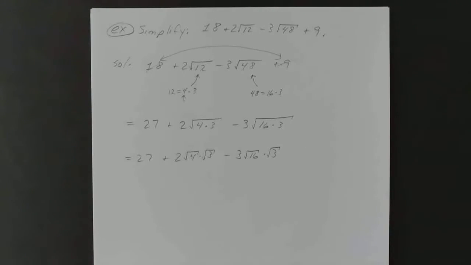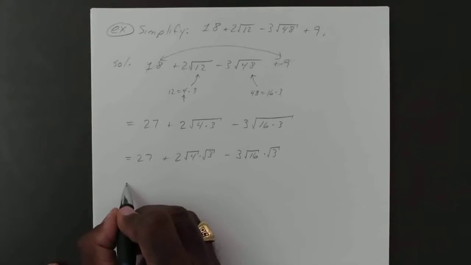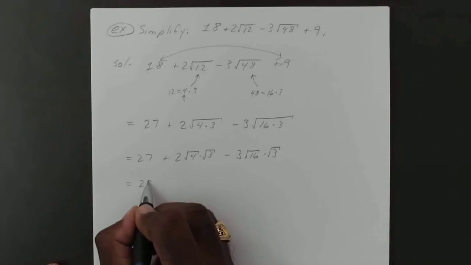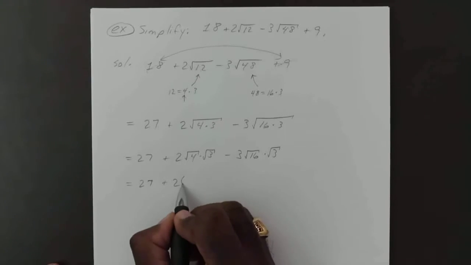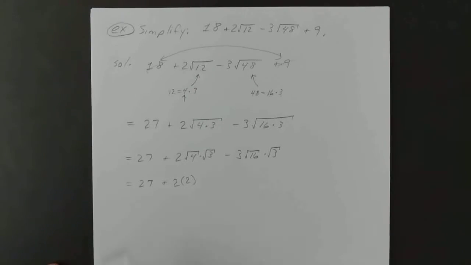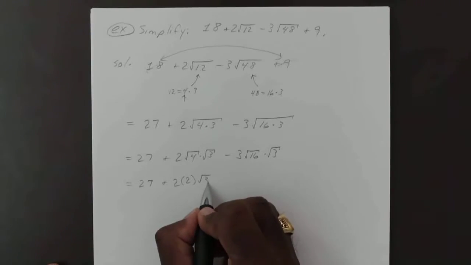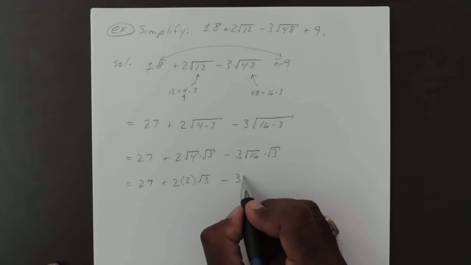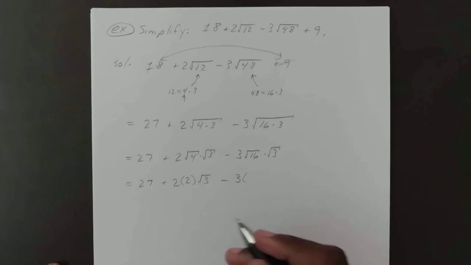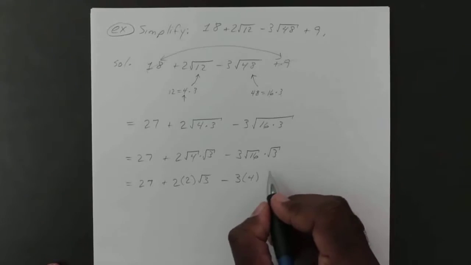Okay, now once we separate them, we can just solve them individually if we can. So 27 plus 2 times square root of 4, which is 2, times square root of 3, minus 3 times square root of 16, which is 4, times square root of 3.